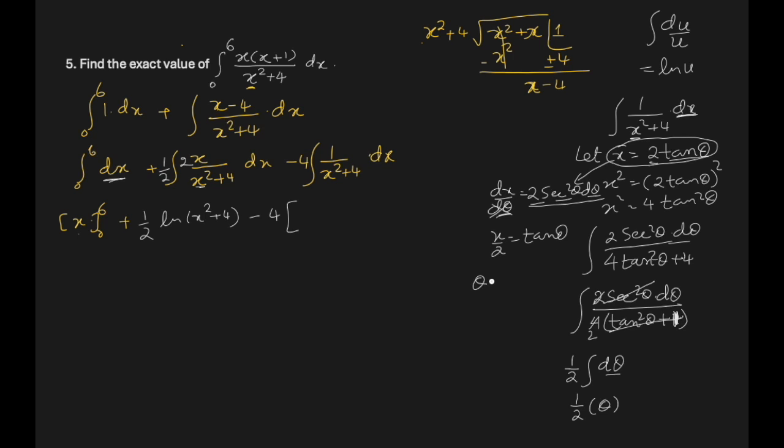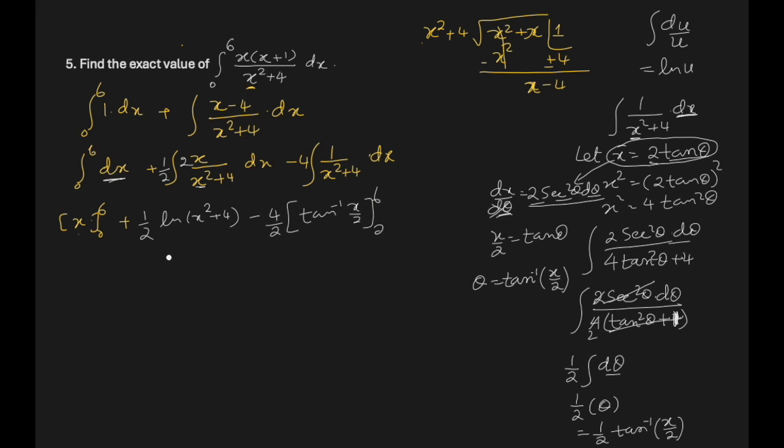That means according to this, theta will be tan inverse x over 2. And this is what I'm going to write here, which is half tan inverse x over 2. So I got my third part also. Half I will write outside because minus 4 is already there.